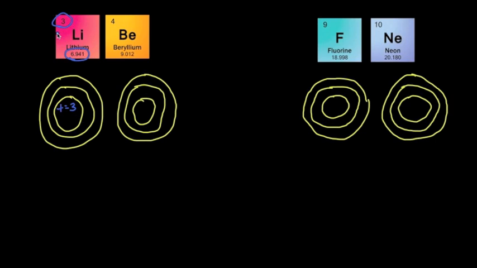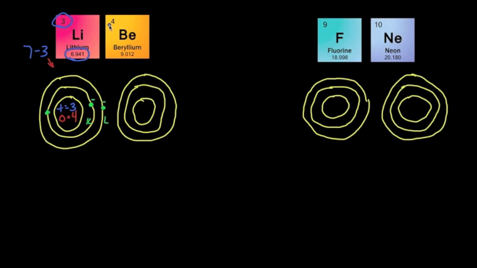So 7 minus 3 equals the number of neutrons, which is 4. And since this atom is in its neutral state, we have equal numbers of protons and electrons. So we have 3 electrons because we have 3 protons. We fill up the innermost shell first with 2 electrons because the K shell can only hold 2. And we put that third electron on the outermost shell, which is the L shell.